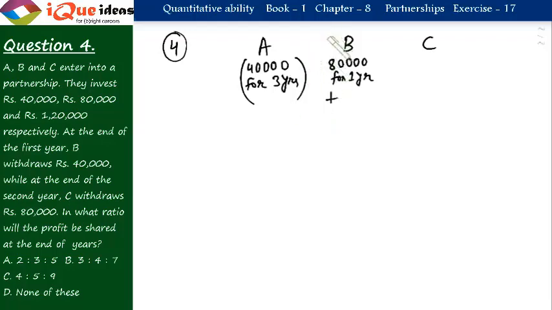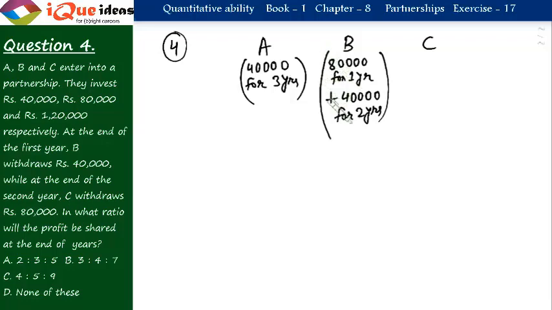And that 40,000 remains there in the business for the next 2 years. Please try and understand that A's investment of 40,000 has stayed in the business for the entire period of 3 years. Whereas for B, he invested 80,000 in the beginning, stayed in the business for 1 year. Then he withdraws 40,000. So the remaining 40,000 will remain for the next 2 years in the business.